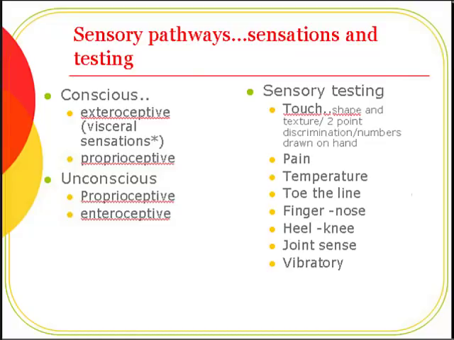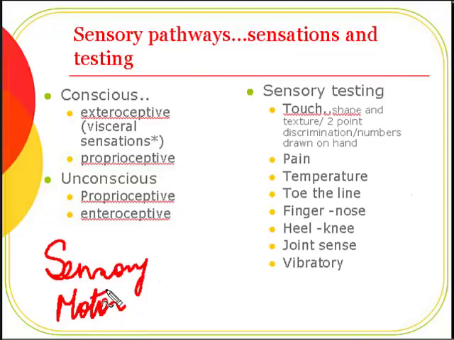As I mentioned in the earlier part, tracts are divided into sensory, which carry impulses to the brain from the body, and motor, which are impulses which come from the brain and spinal cord to the muscles and glands. Sensory are known as ascending because they go up the central nervous system. Motor are known as descending because they come down the central nervous system and then exit.